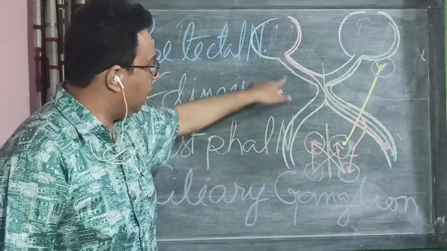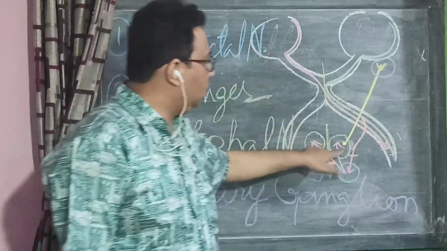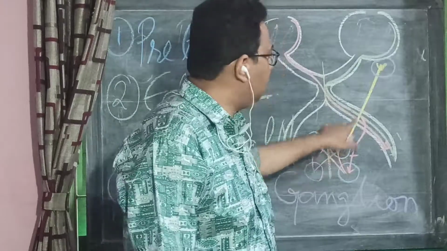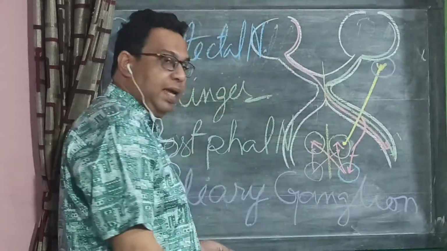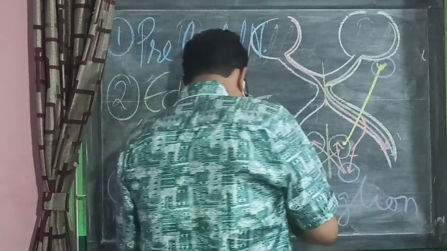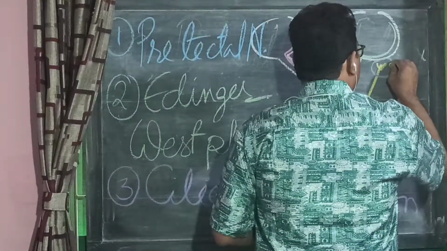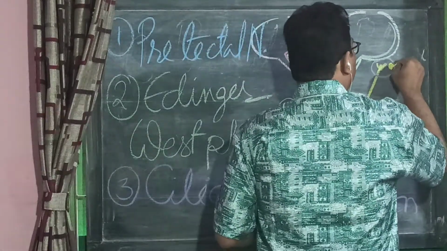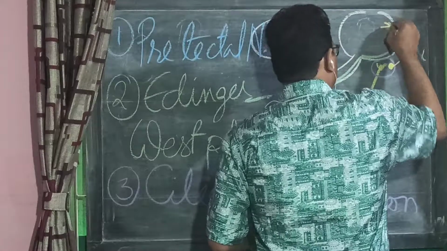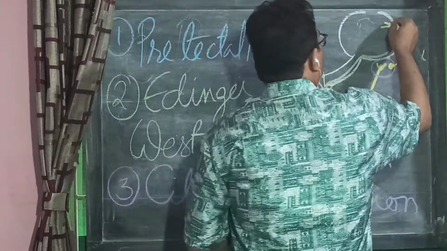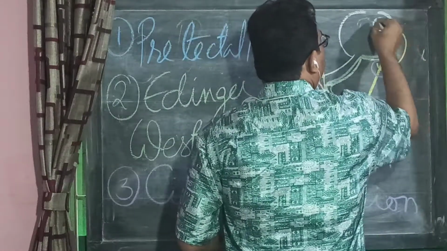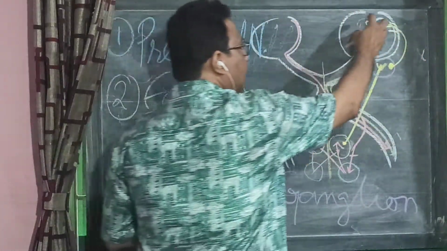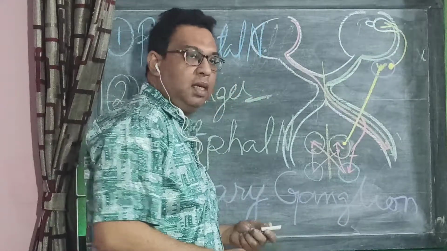Obviously, the same will happen on the other side. So these are parasympathetic preganglionic fibers. They will go to the ciliary ganglion, and from the ciliary ganglion there will be generation of postganglionic parasympathetic fibers, which will stimulate the ciliary body and the iris. So both the ciliary body and the iris will constrict.